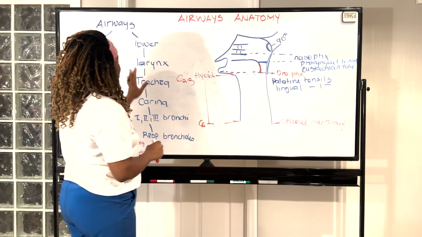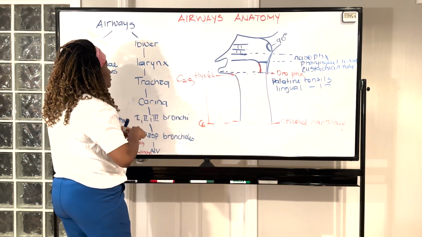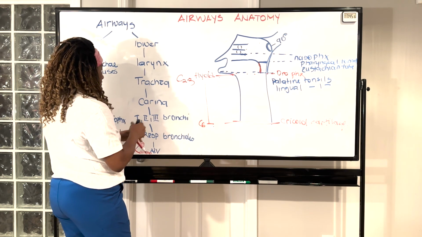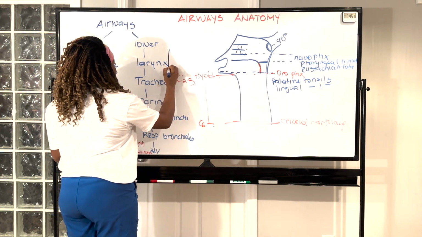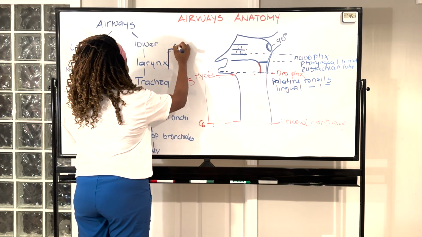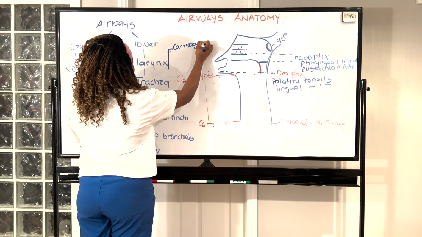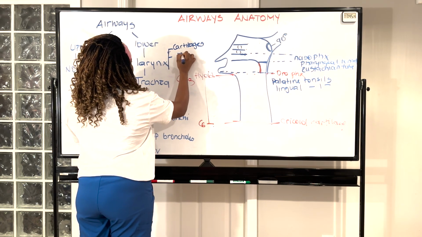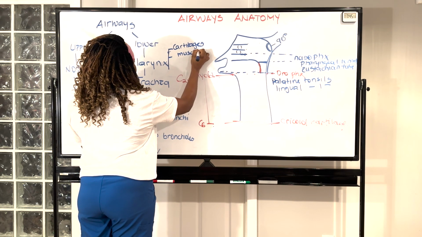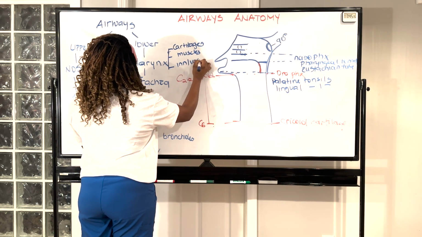Now, inside the larynx, we're going to talk about many things. We're going to talk about the cartilage, the muscles, and innervation and vascularization.